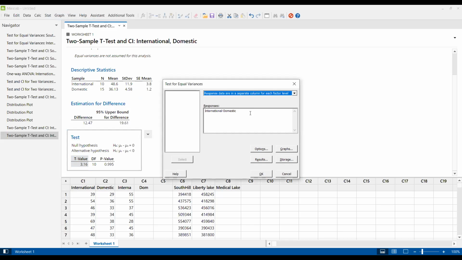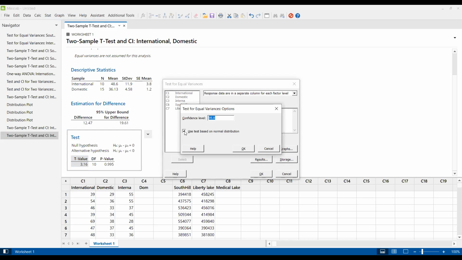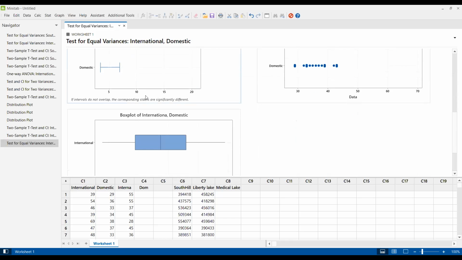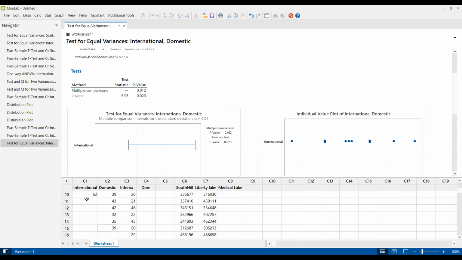So I did this option. We have use based on normal distribution, since we can check whether they are normally distributed or not. You can see the p-value is less than 5%, and it is also less than 5% in both Levene's and the F test.